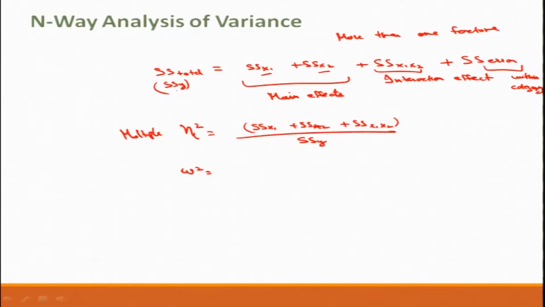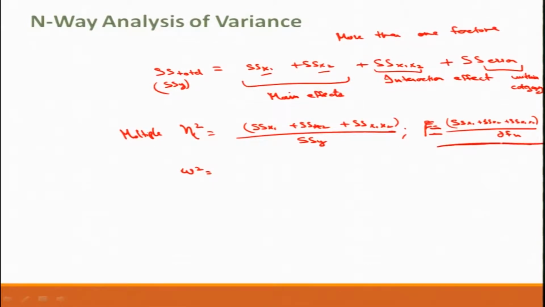And in this case, the F statistic would be SS x1 plus SS x2 plus SS x1x2, divided by the degrees of freedom for the numerator.